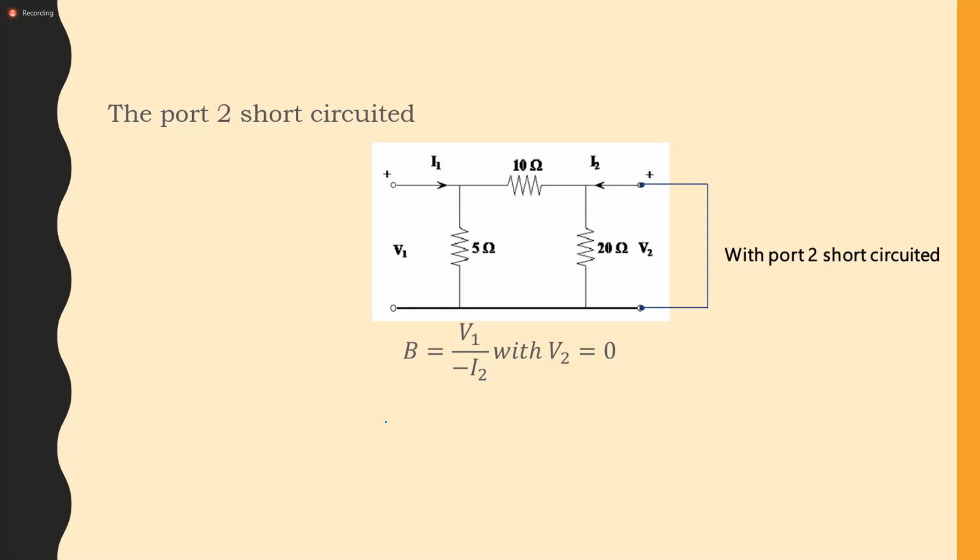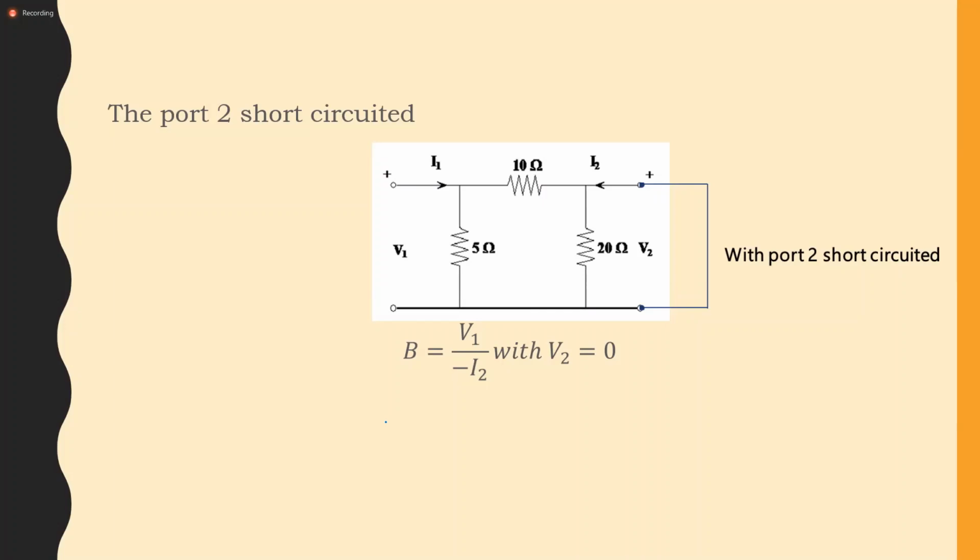We are all agreed that no current will flow through the 20 ohm, right? Now, if no current is flowing through the 20 ohm, how are resistors 5 and 10 connected with respect to V1? In parallel. So what is negative I2 with respect to V1?